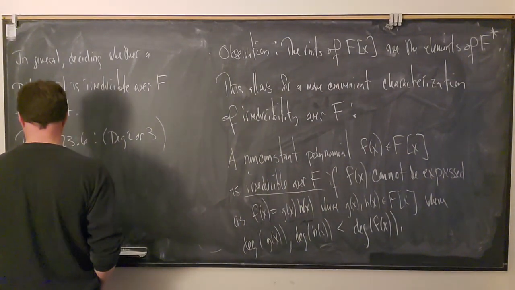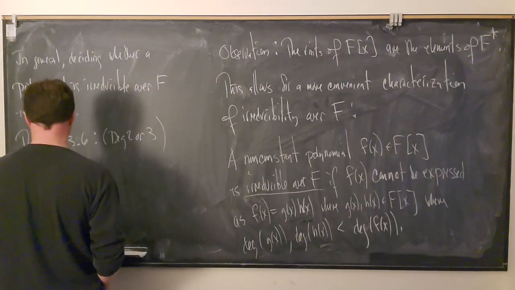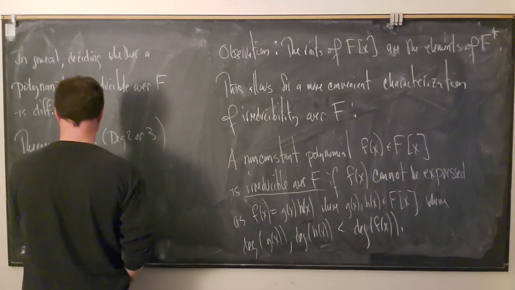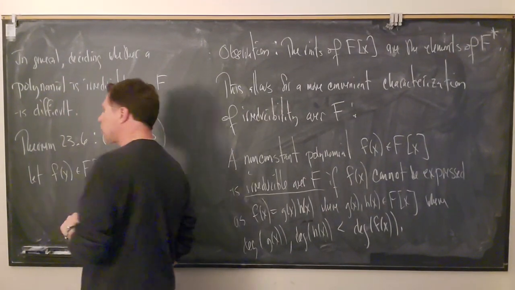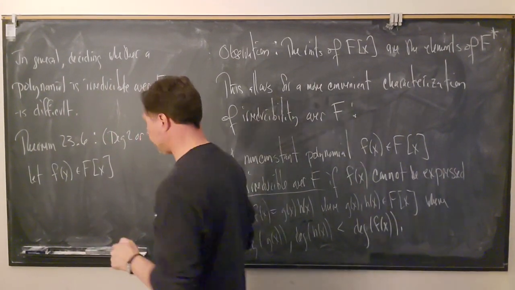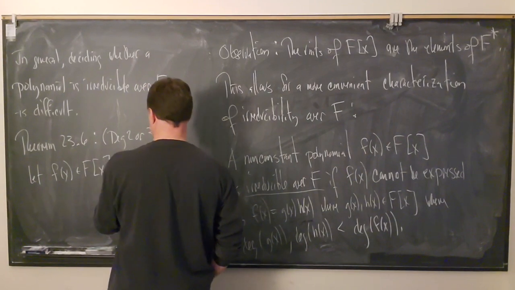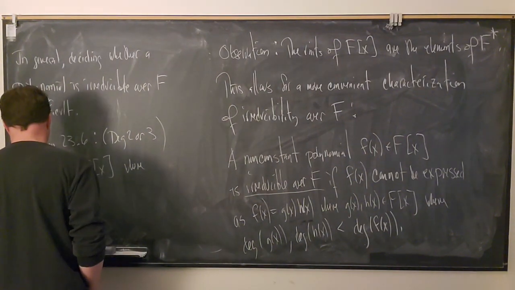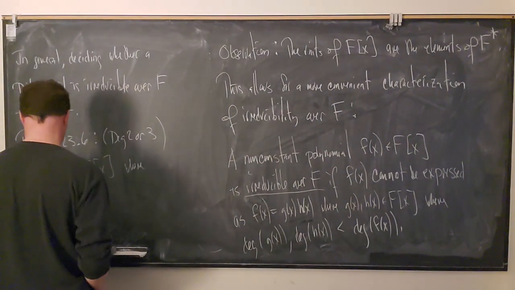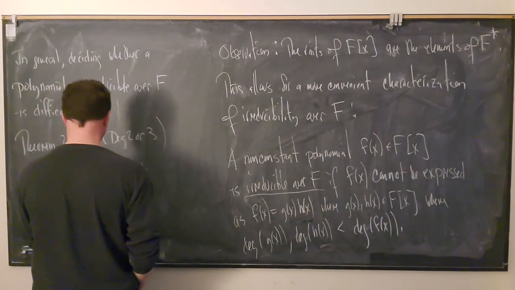So let's take a polynomial. Let f of x be in F bracket x, where the degree of f of x is equal to 2 or 3.